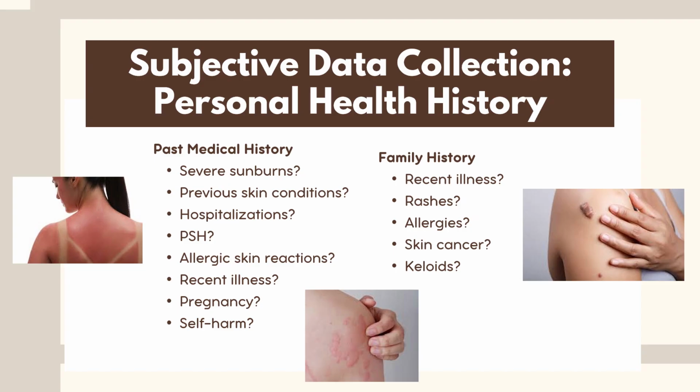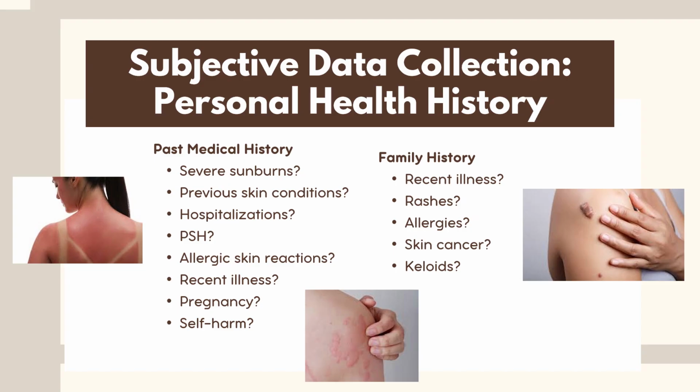What about allergic skin reactions? Do they have any type of allergies or allergens that can precipitate different skin eruptions or like hives? What about recent illnesses? If they have a current rash or a lesion, is that possibly related to an illness, whether it's viral or bacterial?